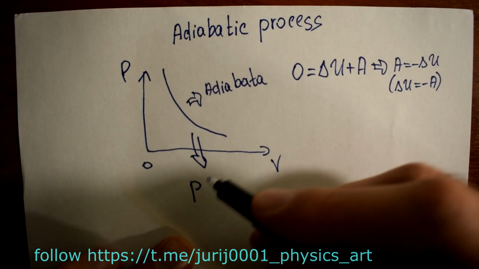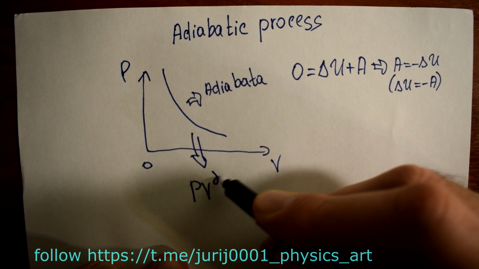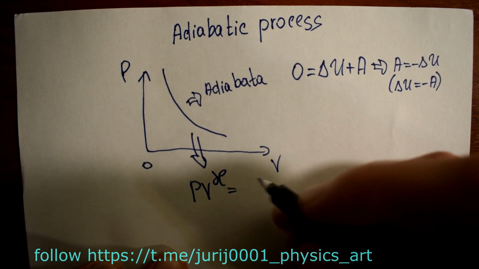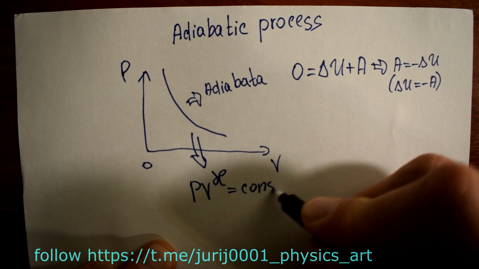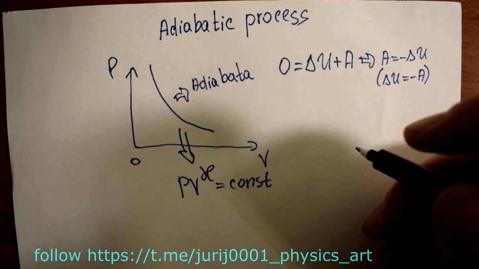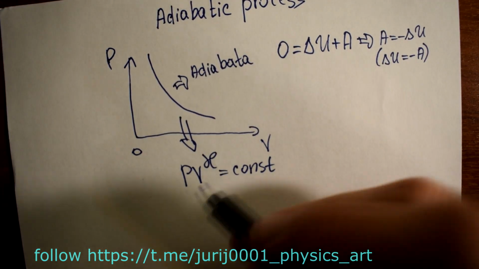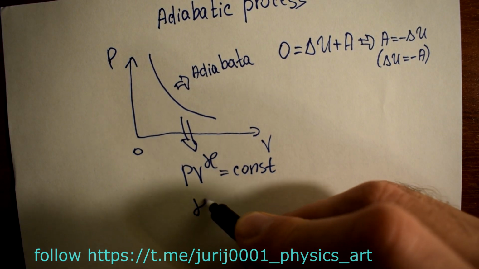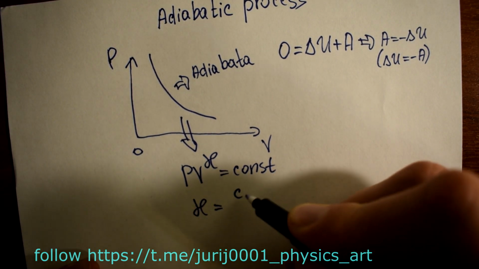I'm writing the Poisson equation. The kappa symbol is the adiabatic exponent. Some textbooks use a different symbol, gamma, but I am used to using the kappa symbol. I hope you remember Meyer's formula, which relates the heat capacity at constant pressure and constant volume.